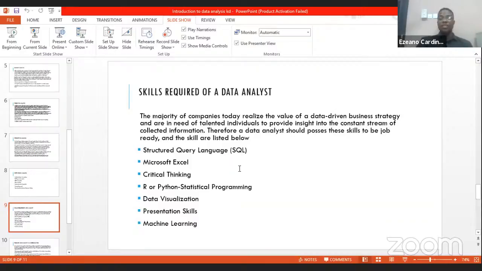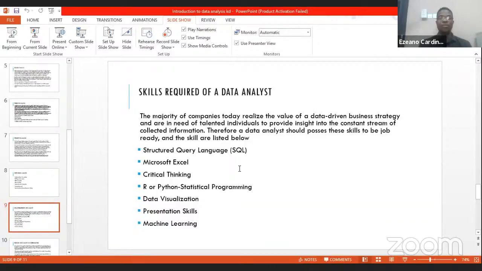The skills required of a data analyst. The majority of companies today realize the value of a data-driven business strategy and are in need of talented individuals to provide insight into the constant stream of collected information.